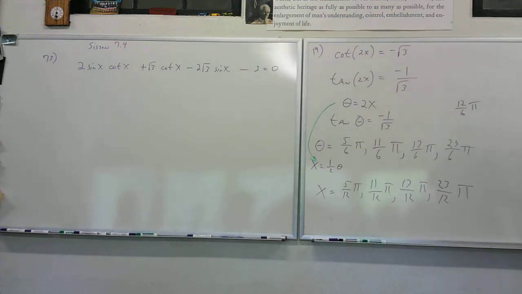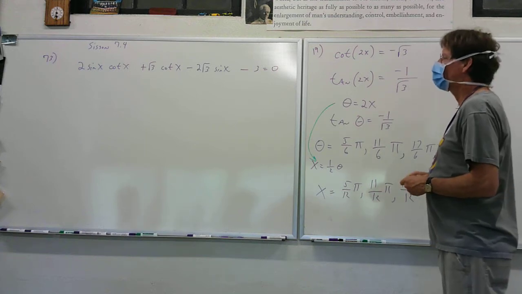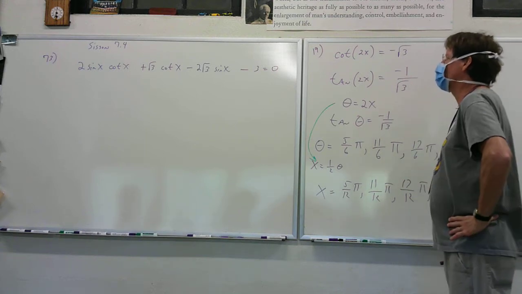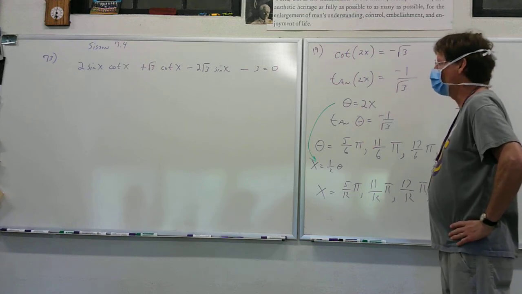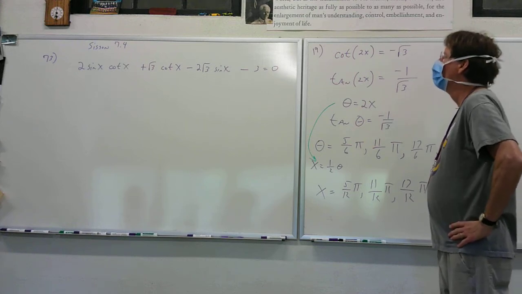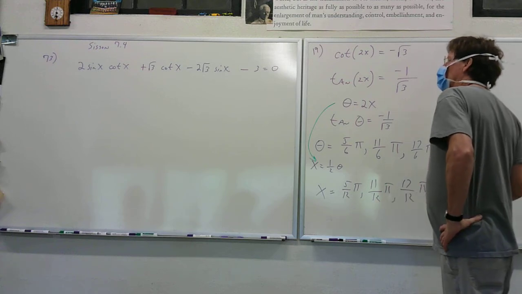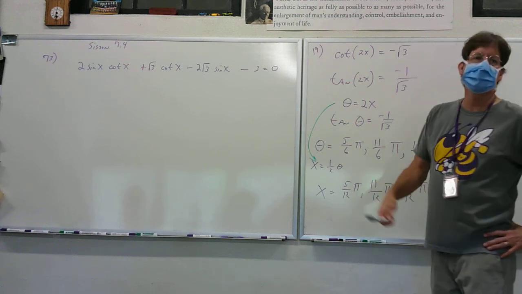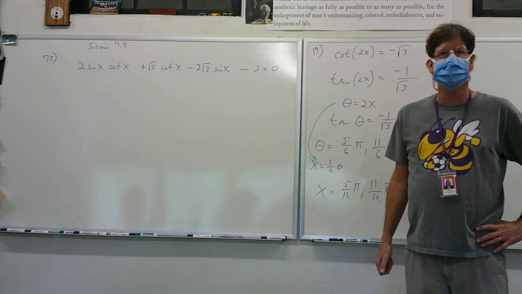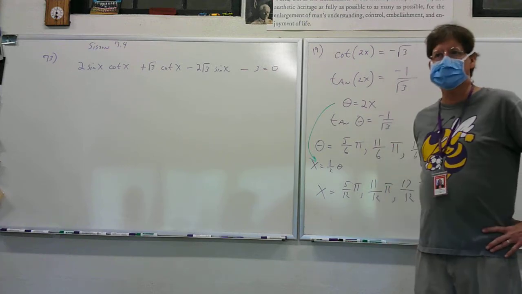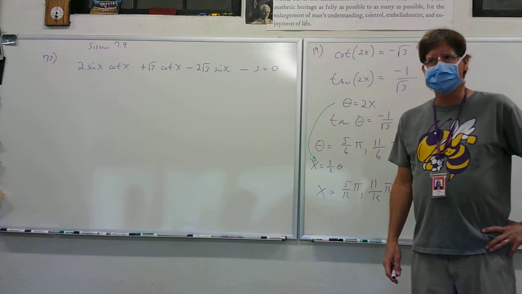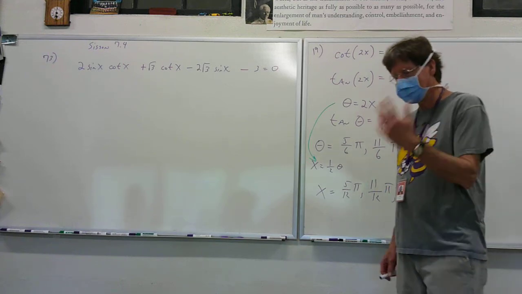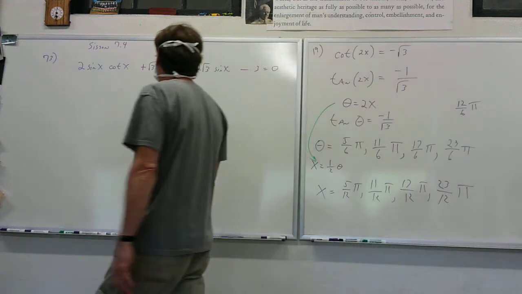All right. Cotangent x is really cosine over what? Sine. What I want to do is multiply everything by sine so that I don't have that cotangent there. But I'm going to tell you that's not the best way to work it. But that's probably what a lot of people would do.